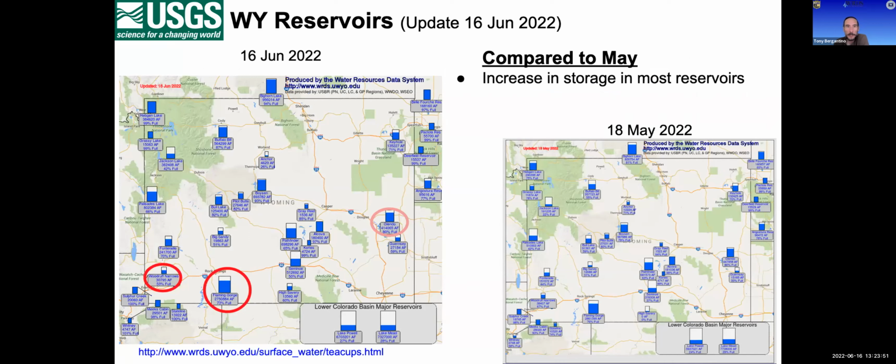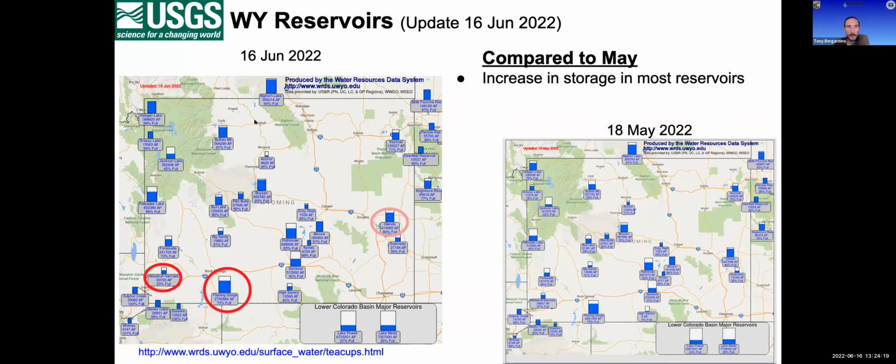And the last one we'll take a look at is the reservoir storage and what's been happening here in the last month. All of the reservoirs have seen increased storage, some of them only by 1 or 2%. We did see decreases at Glendo by about 5%, I think it was, and then a little bit more at Flaming Gorge and Woodruff Narrows, but Palisades, Jackson Lake all came up considerably, as well as Buffalo Bill.